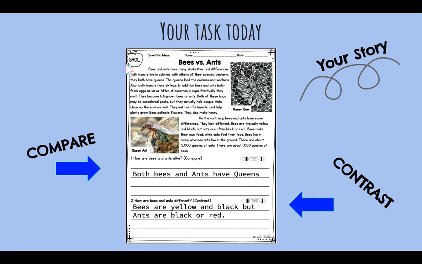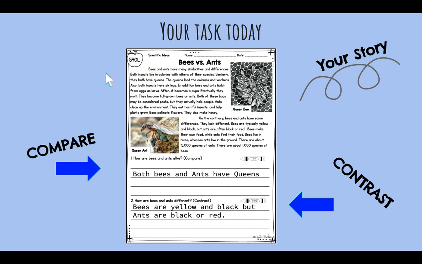I'm going to read this story with you, and then I want you to read it a second time on your own, okay? So that you get exposed to the text twice before you do your task for today. So, to get your finger ready, touch the first word with me and follow along.